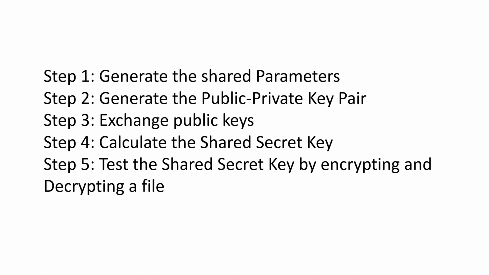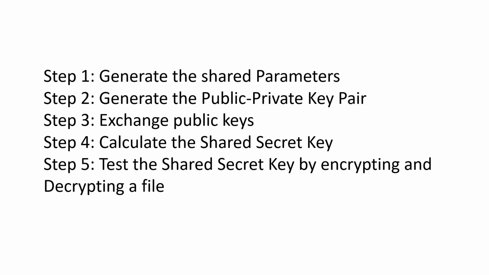Then after we've exchanged parameters, both Alice and Bob will generate their public and private key pairs. And then in step 3, Alice will share her public key with Bob, and Bob will share his public key with Alice.